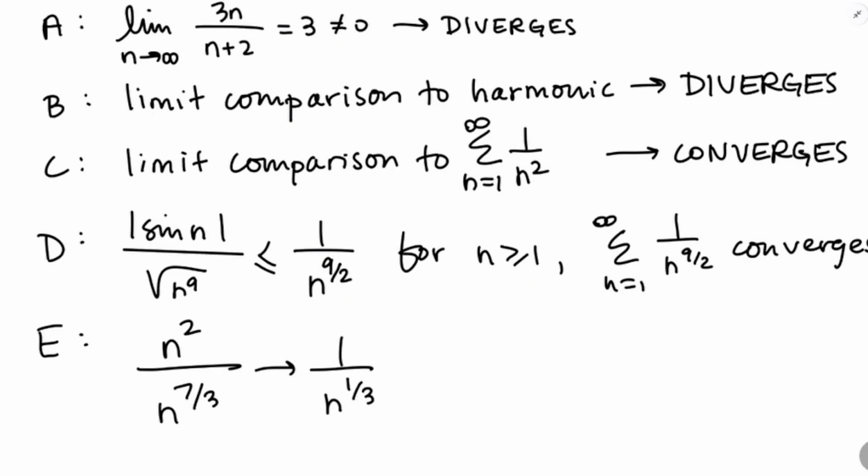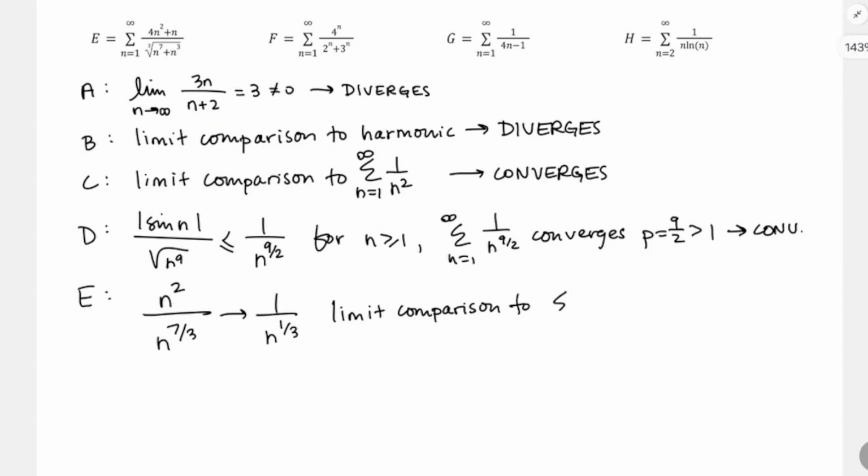Okay, yeah. So I'm going to say limit comparison to that series, the sum of 1 over n to the 1/3. Okay, that's going to give me divergence. Right, F, 4 to the n over 2 to the n plus 3 to the n.